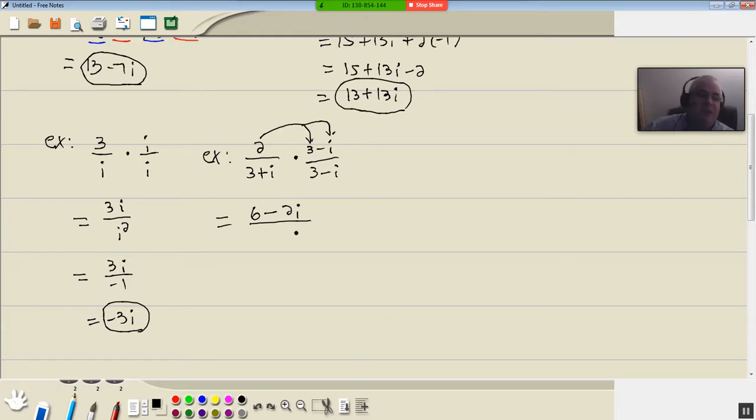Now, the nice part about conjugates is all you have to do is multiply your first parts together and your last parts. So we got 3 times 3, and we got i times negative i. So that's going to give us 6 minus 2i over 3 times 3 is 9, and i times negative i is negative i squared.